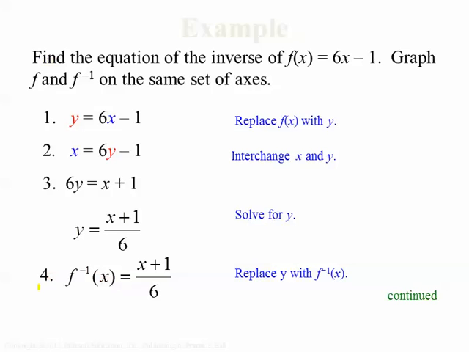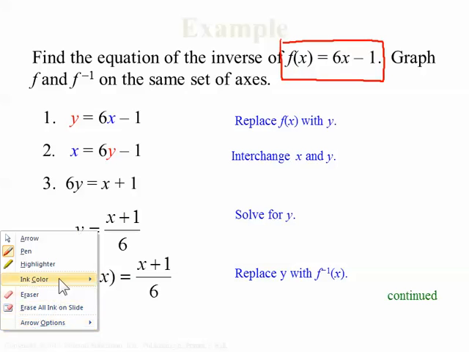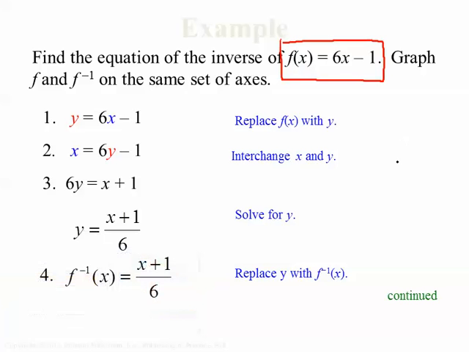So let's try it. All right, so the original one right here was this graph, f of x equals 6x minus 1. And I'll graph that actually to the best of my ability.